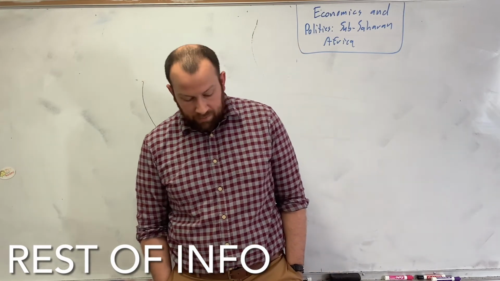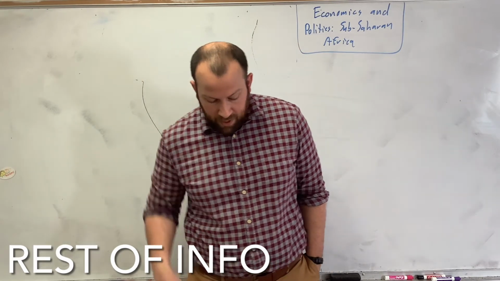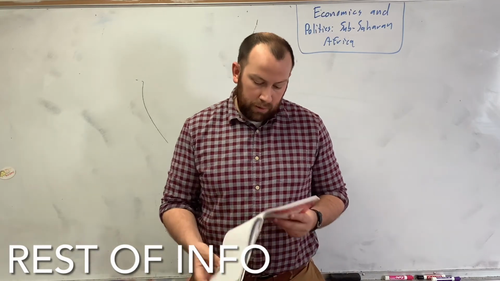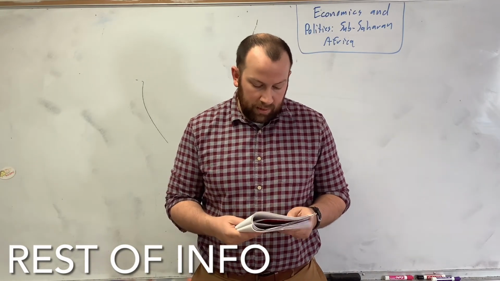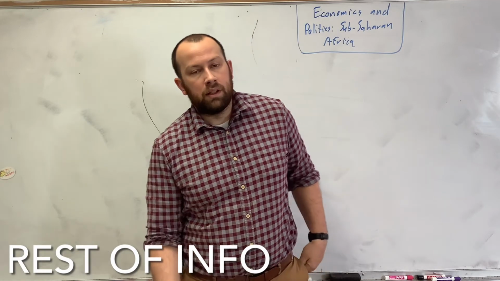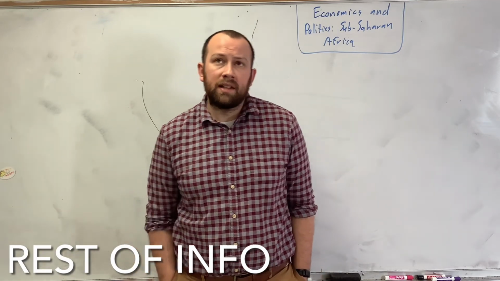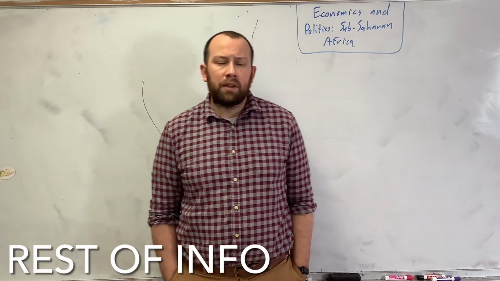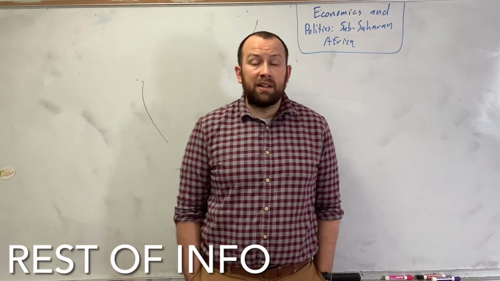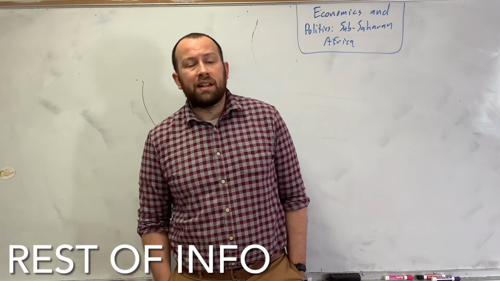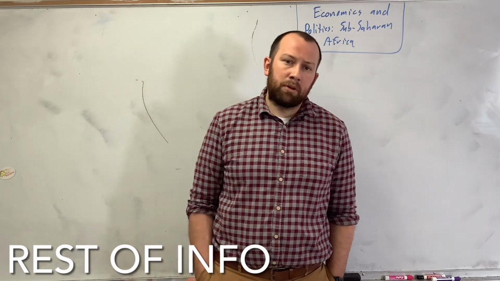So sub-Saharan Africa colonization, main factors leading to European colonization of Africa. So Europe, the original reason why they came in, there's two reasons. One, they needed a new marketplace, so they were producing a lot of goods and they had nowhere to sell them. So taking over the African continent gave them more places to sell.